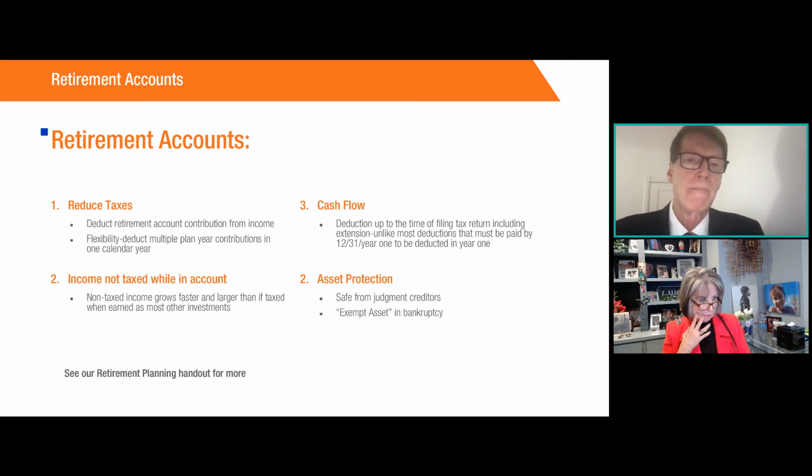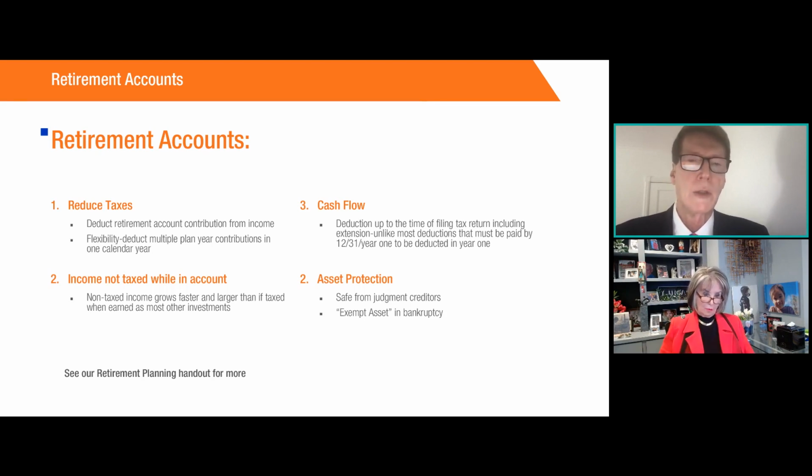And cash flow. This is something also that's amazing with the pensions. And again, Congress is just giving the stuff away. So normally, in order to take a tax deduction, you have to write the check by December 31st, year one, to deduct it in year one. Not so with most of the pensions.